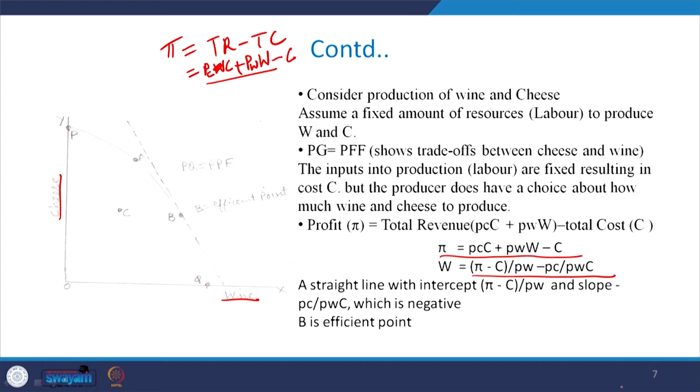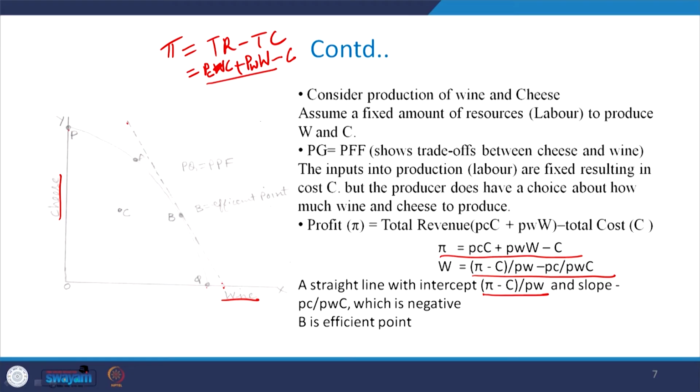Now, you can see that this is actually the intercept of this line. You can see here this line. So, this is the intercept of this line, and you can also calculate the slope.